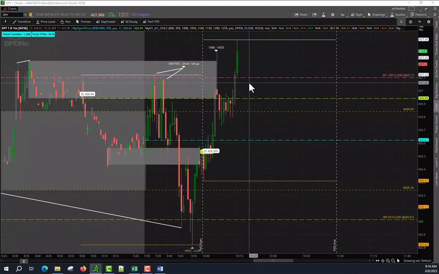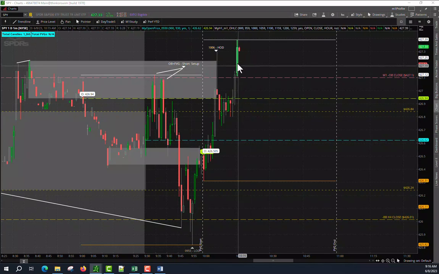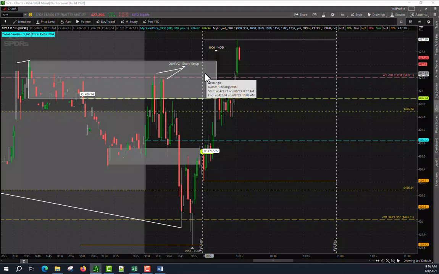Wow, it really sprang up now. So it breaks this order flow.